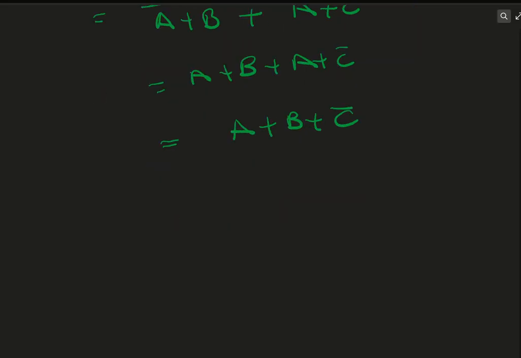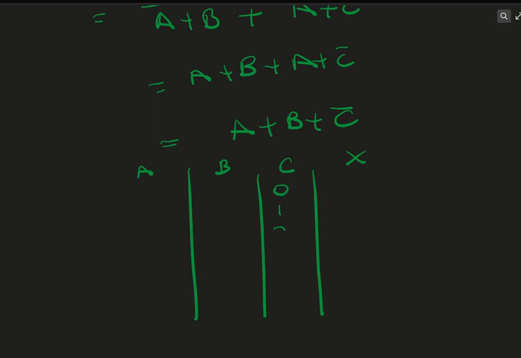Then we will draw a truth table. There are going to be three inputs A, B, C. It's going to be 0, 1, 0, 1, 0, 1, 0, 1, 0, 0, 1, 0, 0, 1, 1, 0, 0, 0, 0, 1, 1, 1, 1.